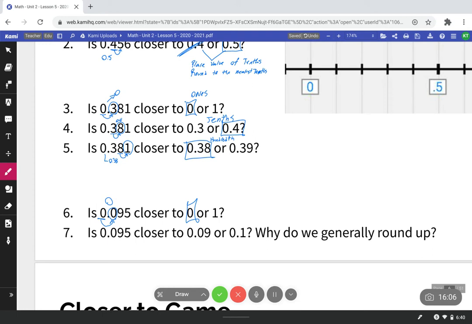Is 95 thousandths closer to 9 hundredths or 1/10? Ooh, this is tough because these are different place values. What do you think it would be? Well, this was a trick, and look at this.